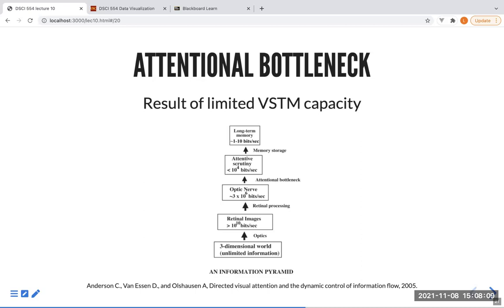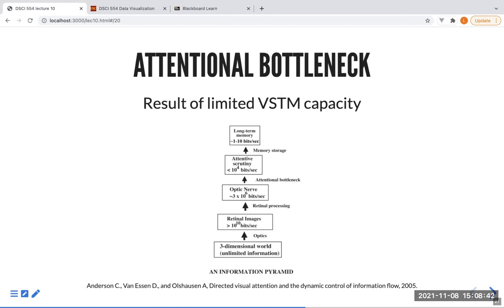So if we can't remember the objects between the saccade movements, and if we can't remember the keys that are in the legend when we look at the legend and then go look at the graphic, then we're really not able to understand the information in the graphic.